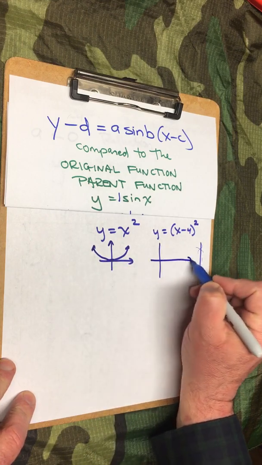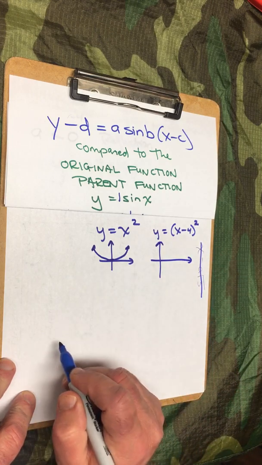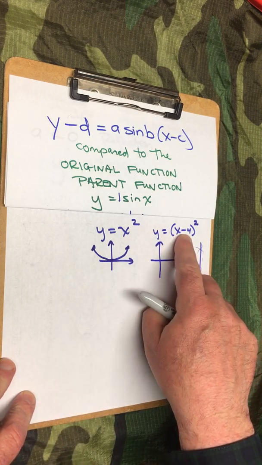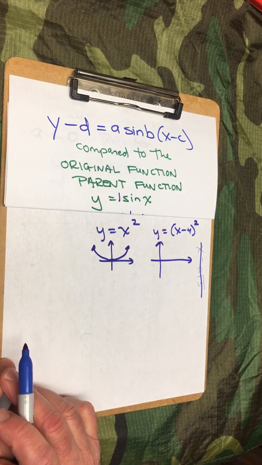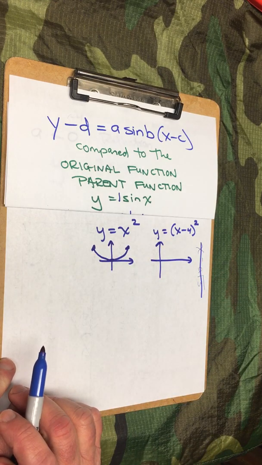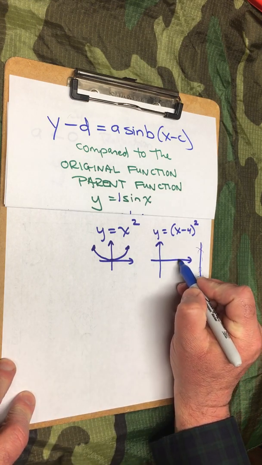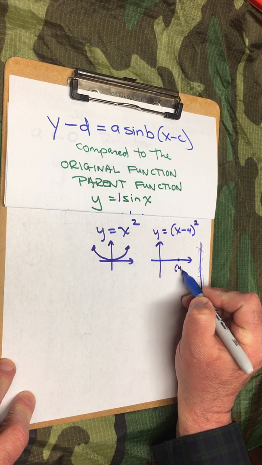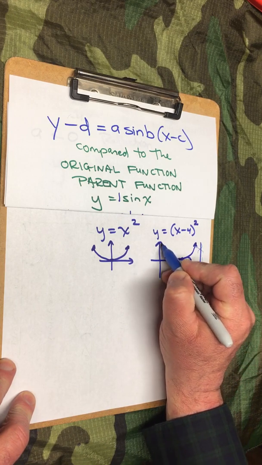And what's the impact of the subtraction of 4 on this parabola compared to your original parabola? Teammates, subtracting 4 takes your original parabola and shifts it, moves it, formerly called a phase shift, 4 units to the right. Meaning, I know that my vertex here is at 4, 0, and my parabola looks something like this.